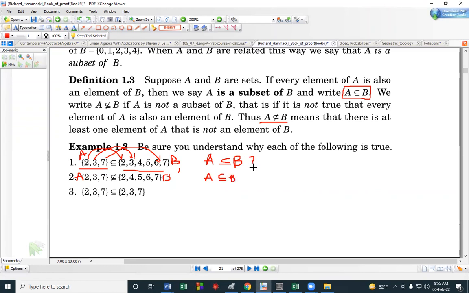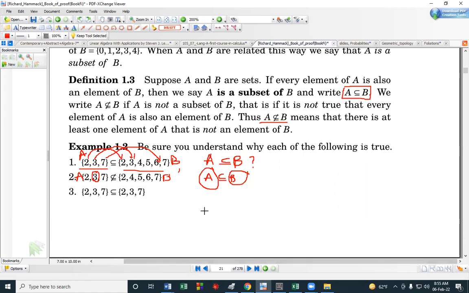No, sir, it's not fully contained, because this element 3 is here, but it is not there. Even though 2 and 7 are there, that means some part of it is contained here, but it is not completely contained here. So when we say A is a subset of B, we mean each and every element of the set A is an element of the set B.